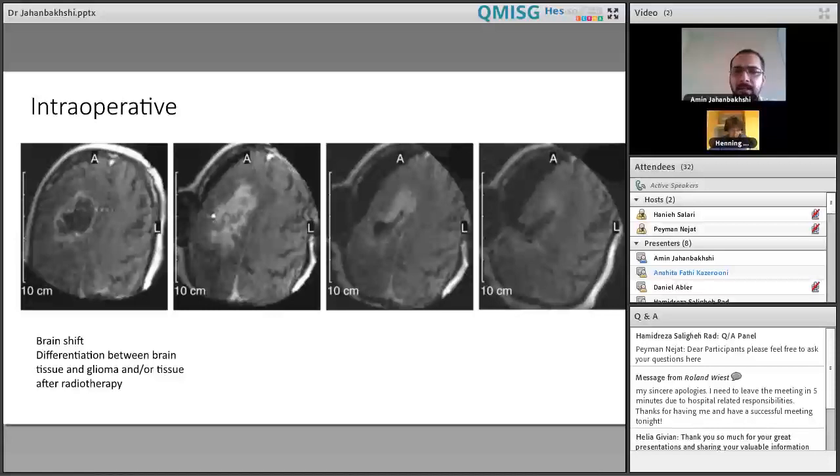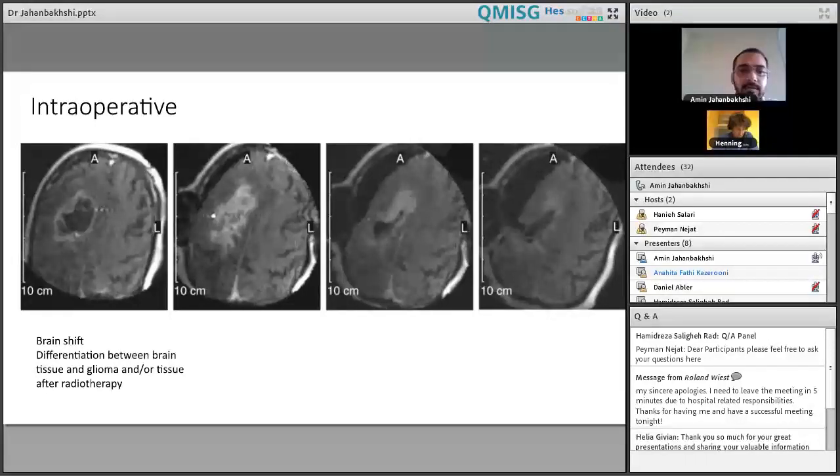Specifically, when brain tissue is contused during the operation, it becomes very similar to glioma. So it is very difficult for us to differentiate between brain tissue and glioma.